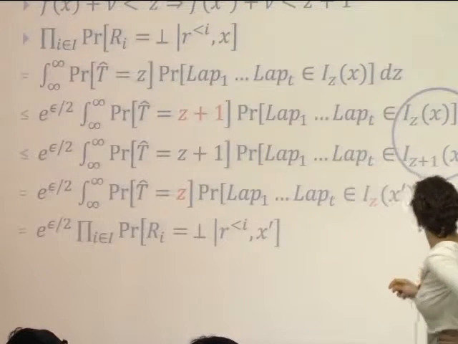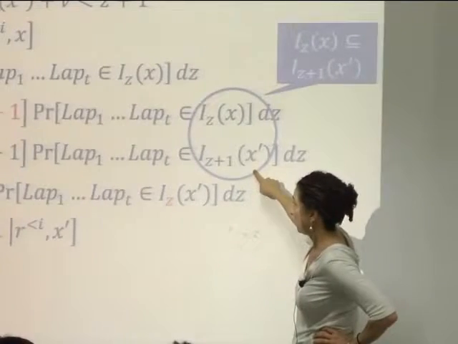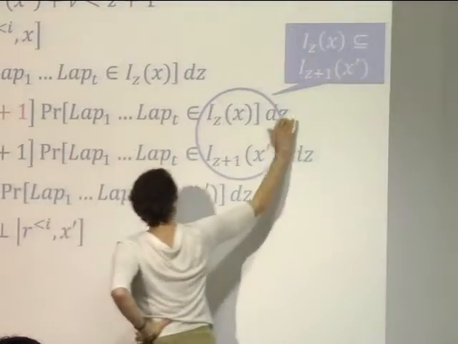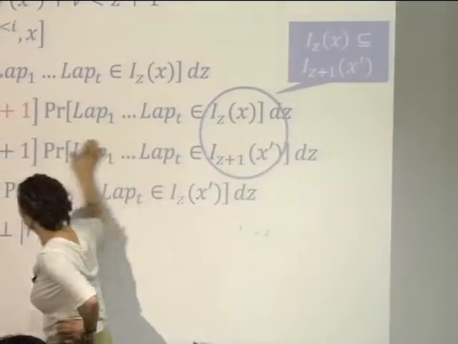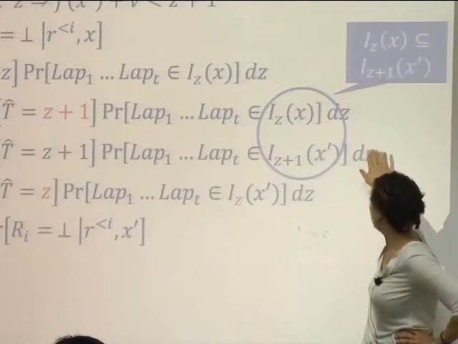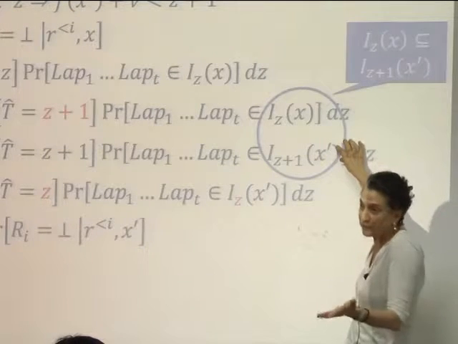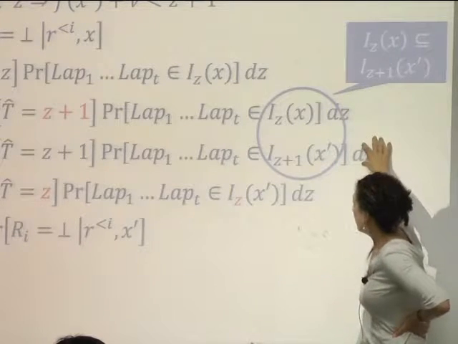Okay. Now, this set is contained in that set. So this whole quantity is at most this whole quantity. This guy maybe a little bit more. So this is bigger than that because there are more choices over here. Possibly more choices. Maybe it's the same, but possibly more choices over here. Great.